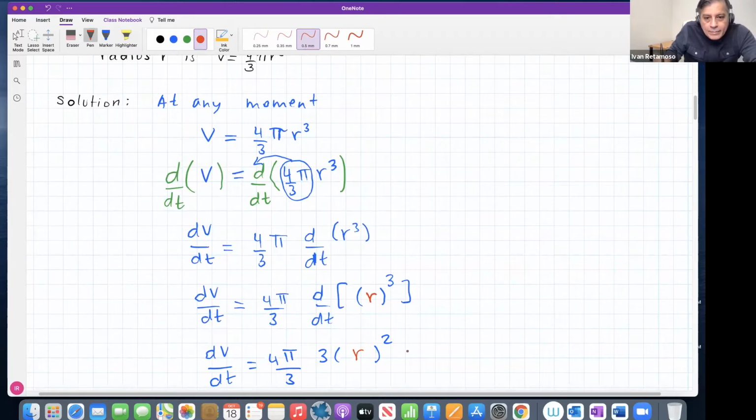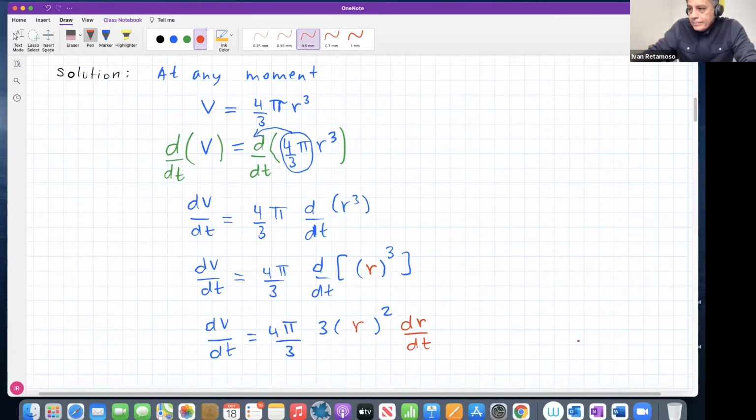But then we multiply this by the derivative of r with respect to time. Remember, the chain rule says that. Very good.